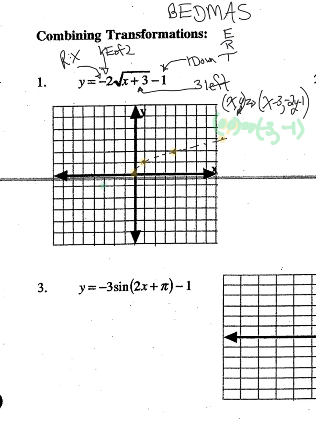And then the point (1, 1) is going to transform over to 1 minus 3, which is negative 2, and 1 times negative 2 is negative 2, minus 1 gives me negative 3. So (negative 2, negative 3).